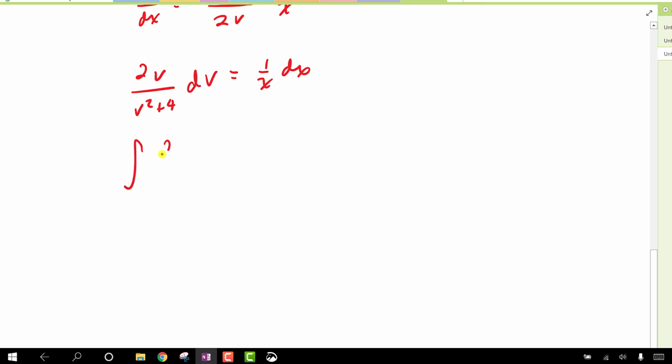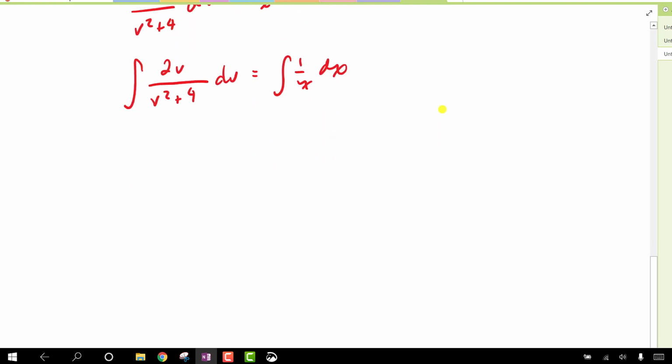We now integrate both sides. Notice that this could be done with the u substitution. It's a perfect u substitution.